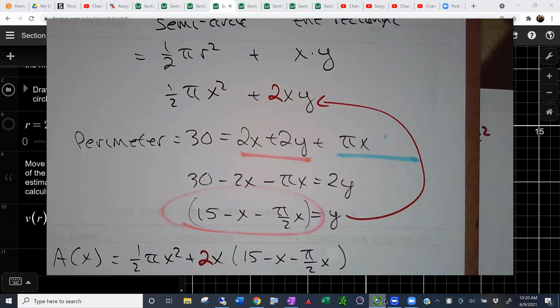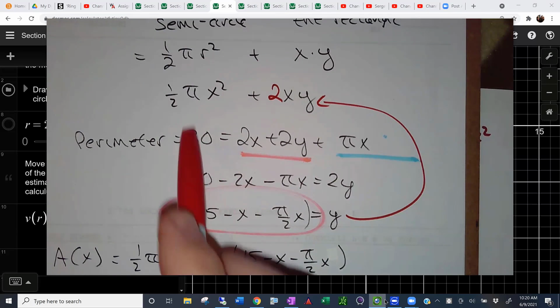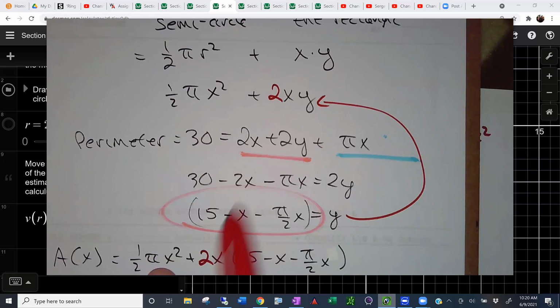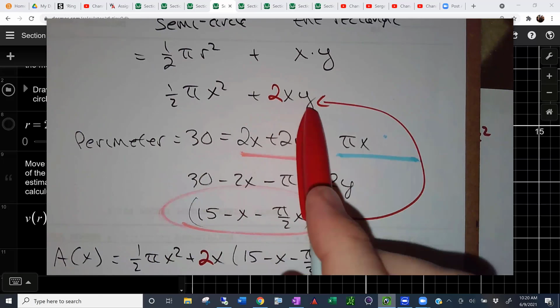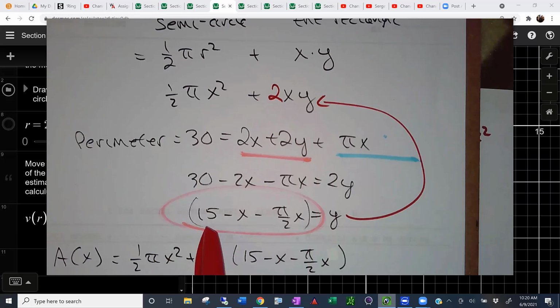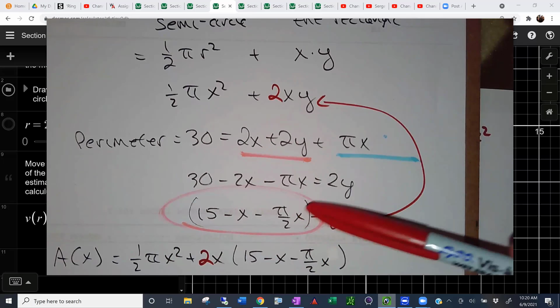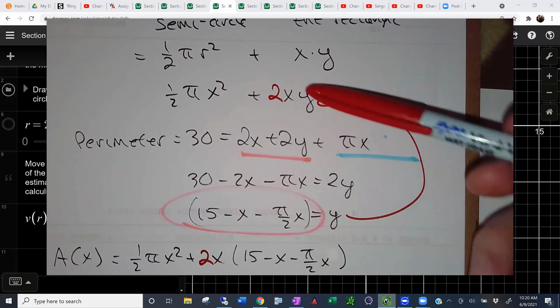So what's going to be on one variable? Well, 2x comes down, and then y is going to get replaced by 15 minus x minus pi over 2 times x, and then I'll distribute the 2x to that term. I'm just substituting this expression circled in pink in for y.